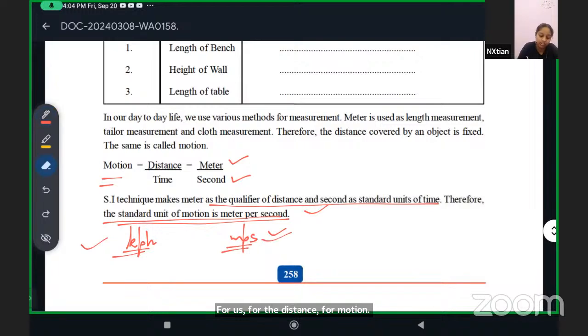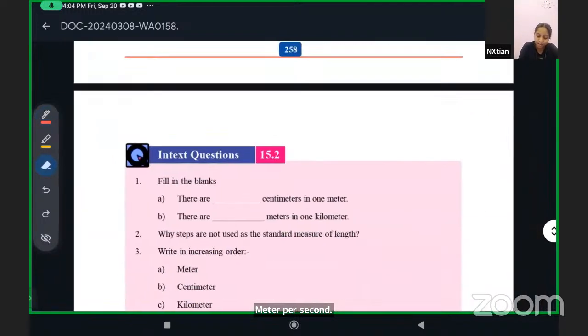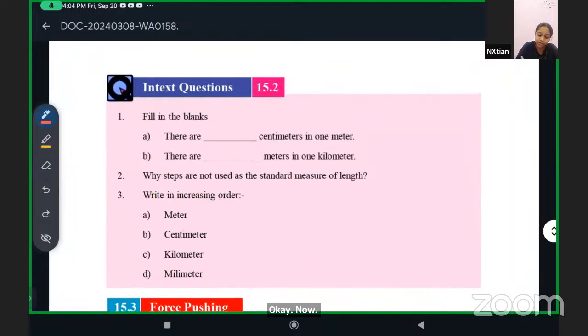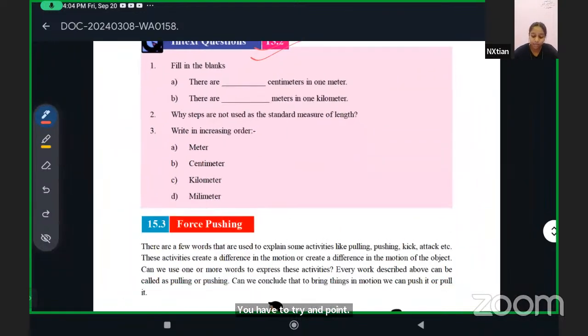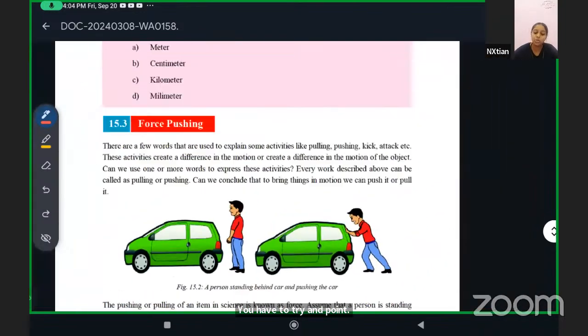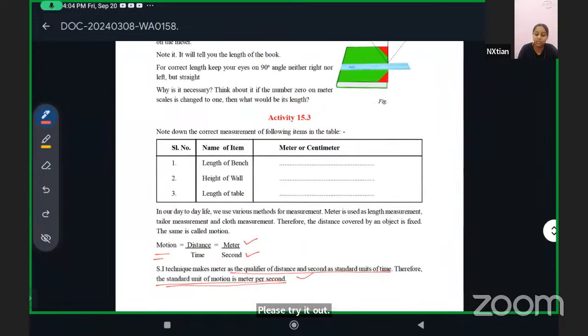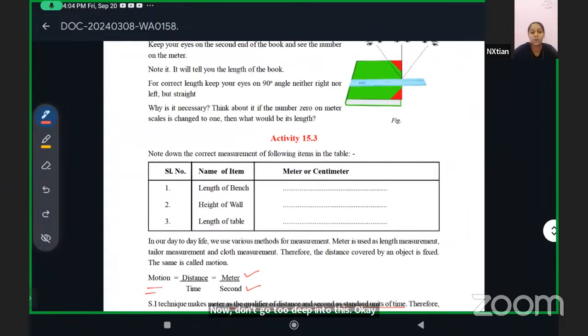Now, you have to try out 15.2. Please try it out. Homework. Now, don't go too deep into this, and no need to get confused about how, where, calculation or anything.